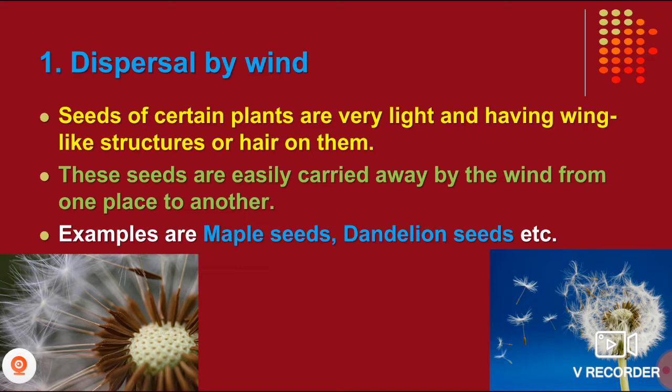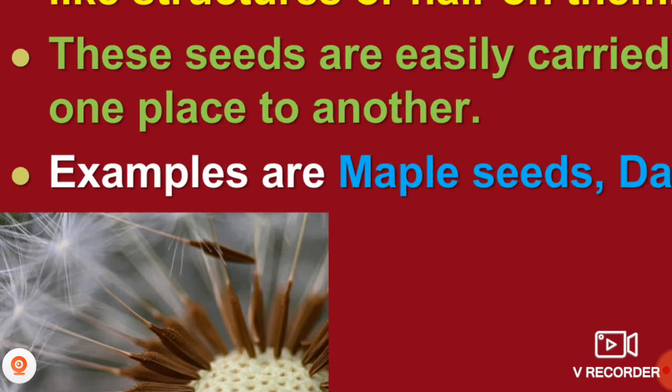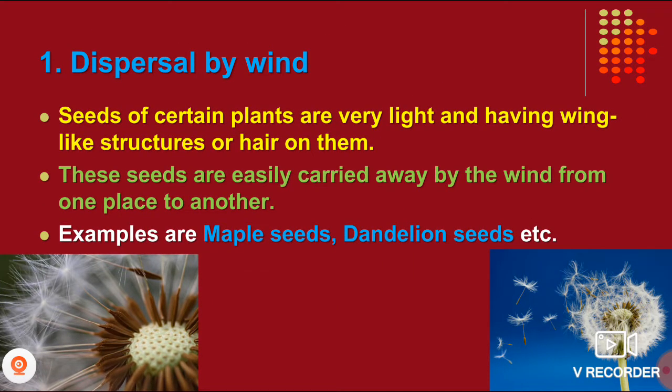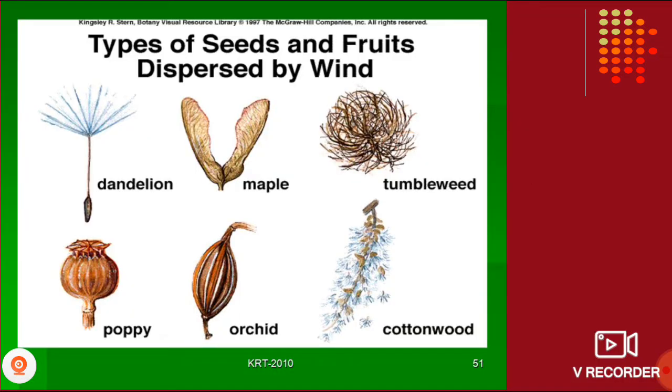There are some examples like maple seeds and dandelion seeds. Here you can see these hairy structures, and these hairy structures are helpful in dispersal. Let's see with the help of another diagram.